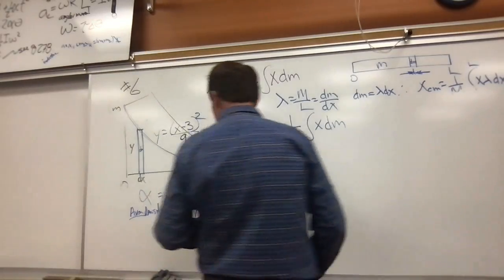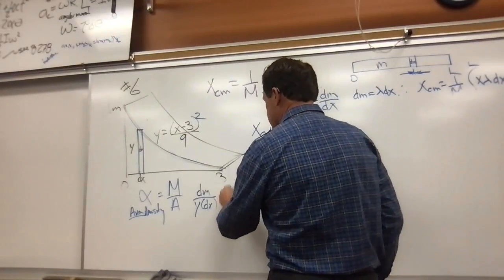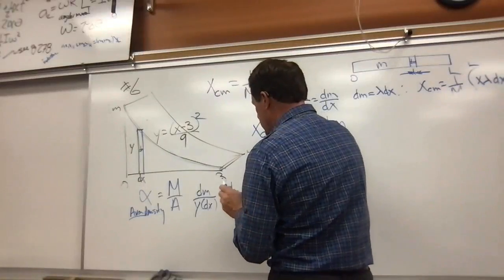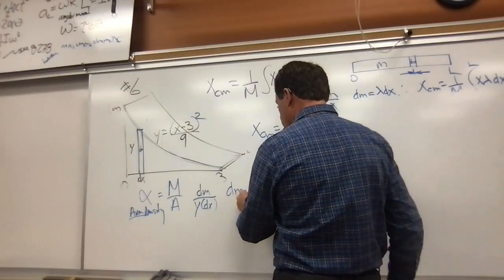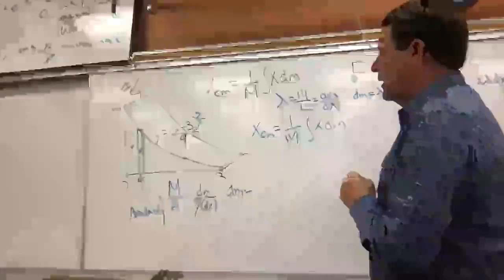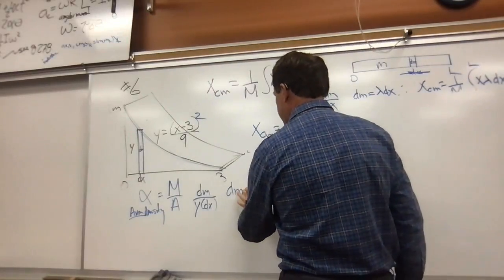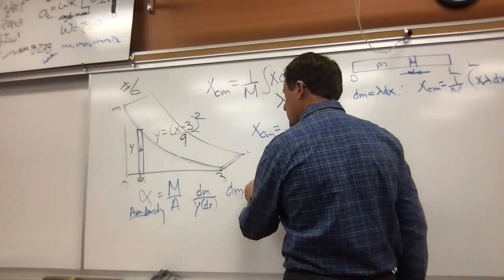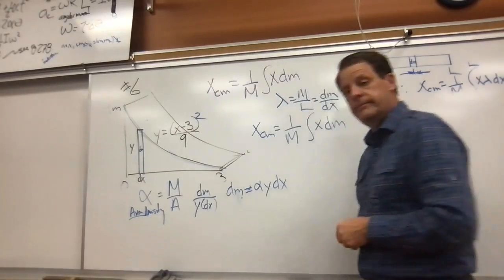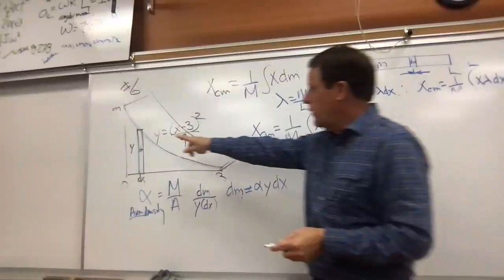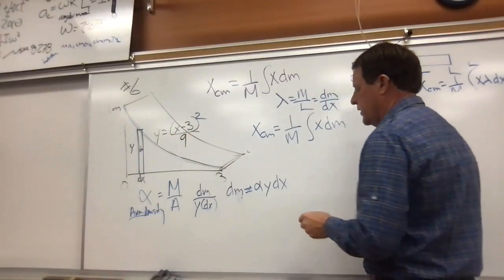So now we can say that dm is equal to alpha y dx. And we also know that y is (x minus 3) squared over 9.